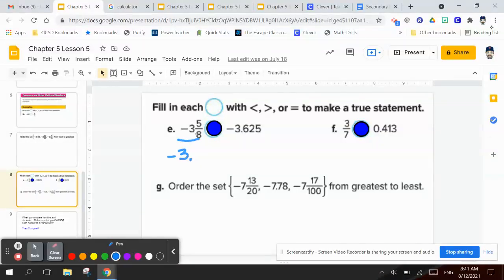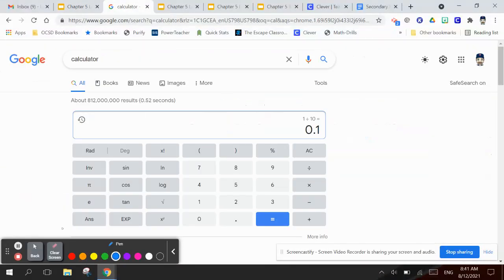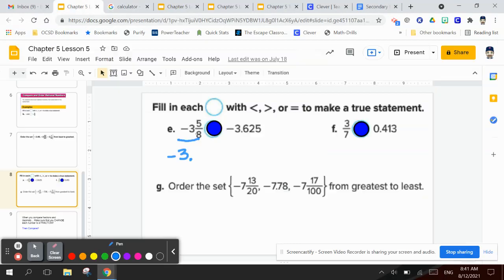So I want to change 5/8 to 5 divided by 8, which is 0.625. So I go back and I go 6.25 and negative 3.625. Well, it looks like they all have the same numbers. So this one is equal.